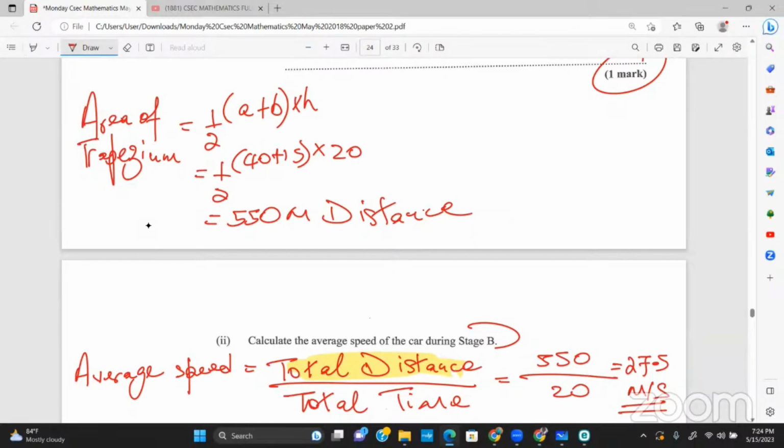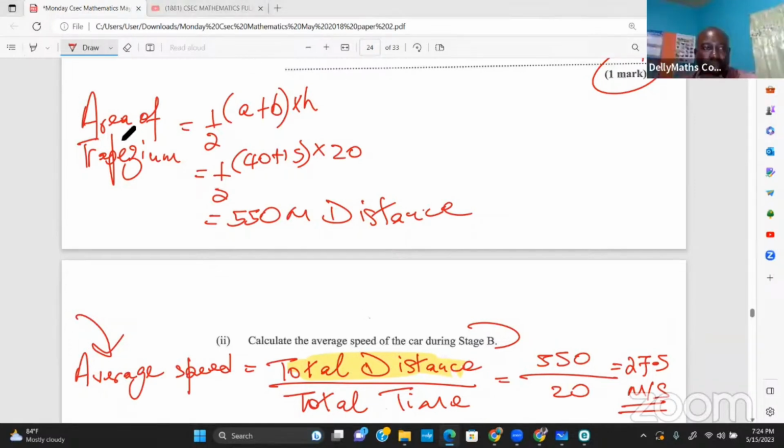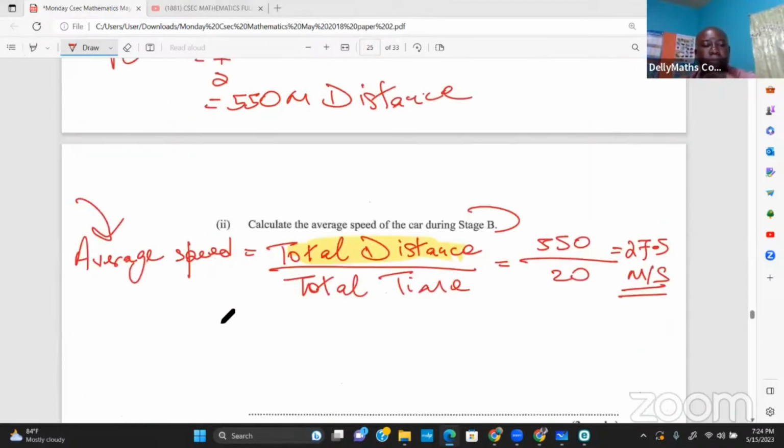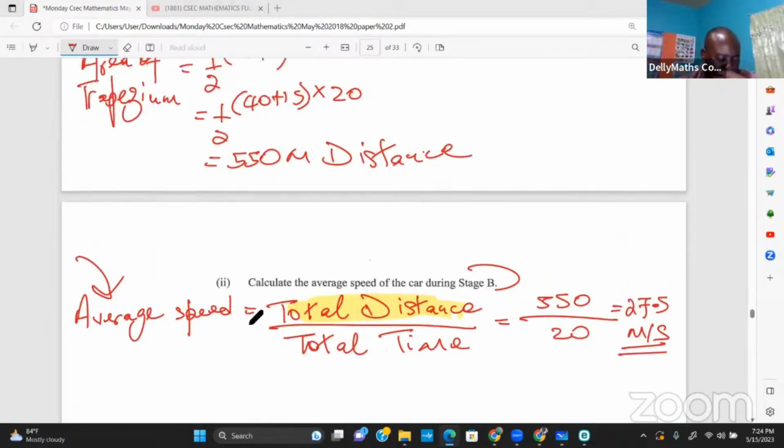Remember this idea though, a lot of times when they do it, you have to be careful, right? Look at what you have. The concept is here, average speed, total distance over total time. The time is always on the axis, but you may not always find that total distance. You may not always get it, so you're going to have to make sure you put things together so that you can properly deal with it.